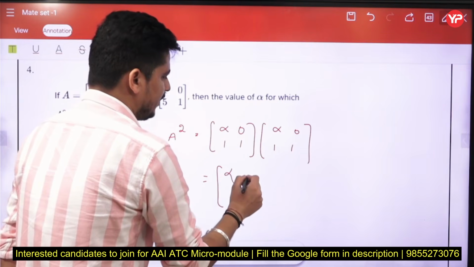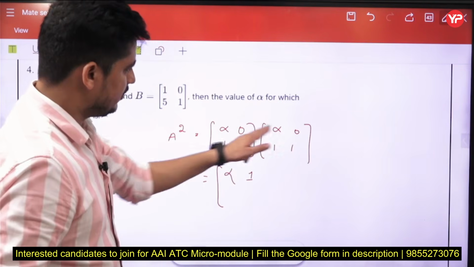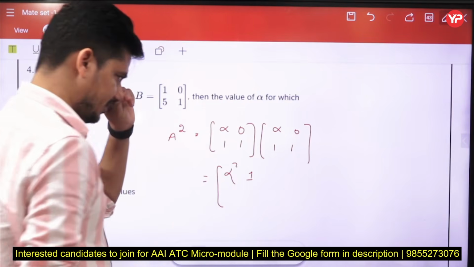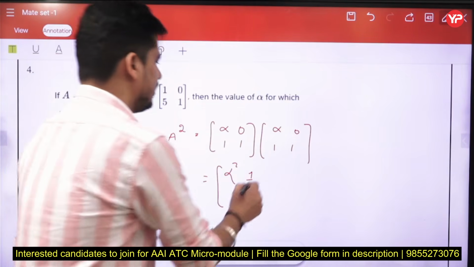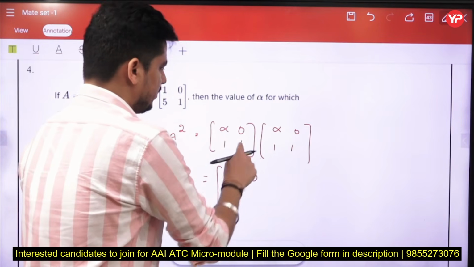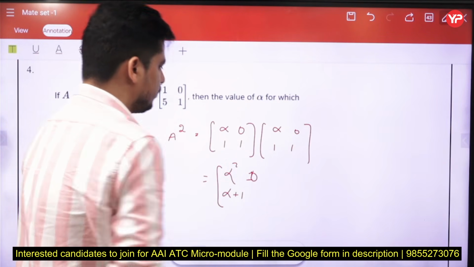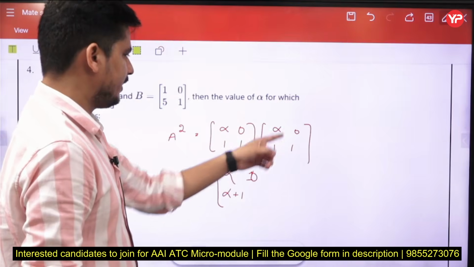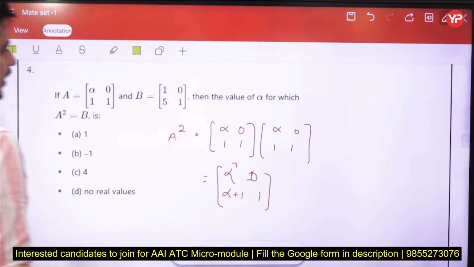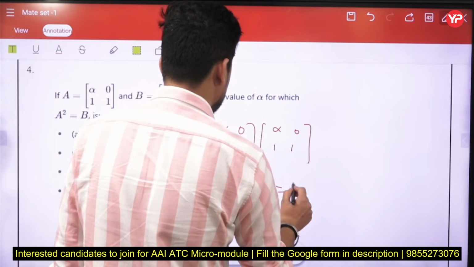The second element, 0 multiplied here, is 0, right? Next, this multiplied here and this multiplied here gives alpha plus 1, and the next will be 1. And he says that this is equal to B.